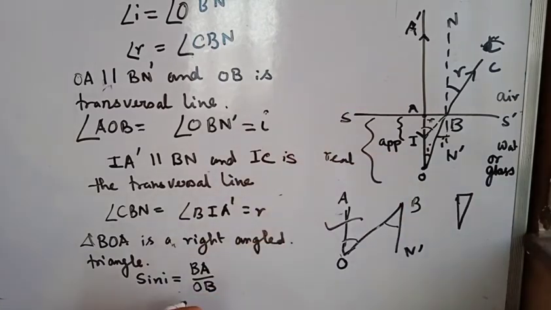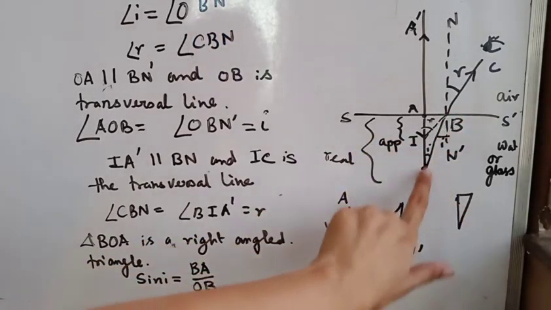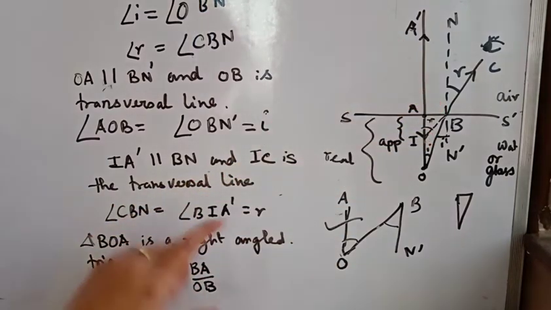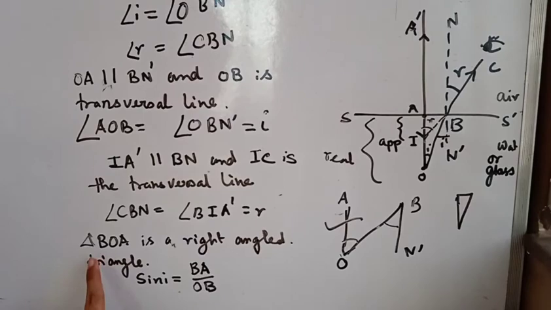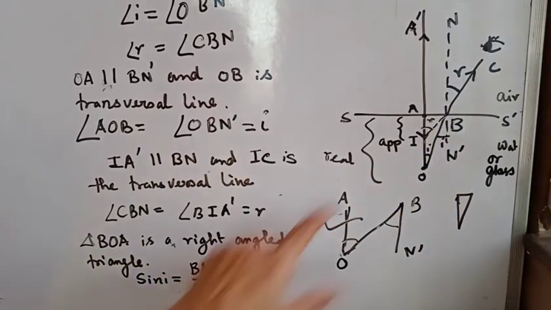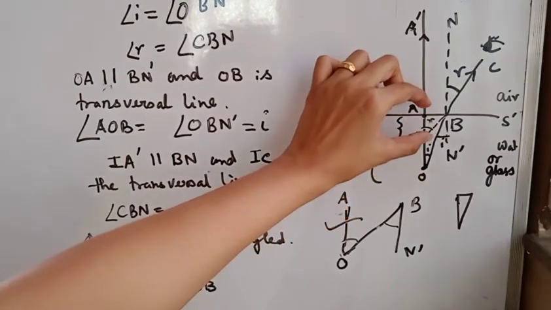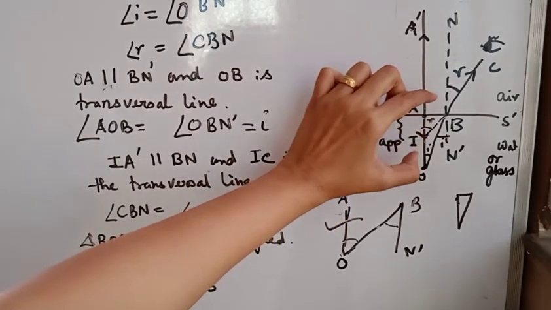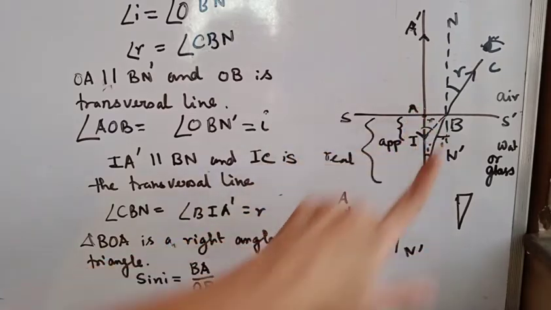So sine i is equal to this, and for sine r we must not take this triangle. We will take this small triangle. For the triangle BOA, I am taking sine i from this triangle, and we will calculate sine r with this small triangle, that is BIA.